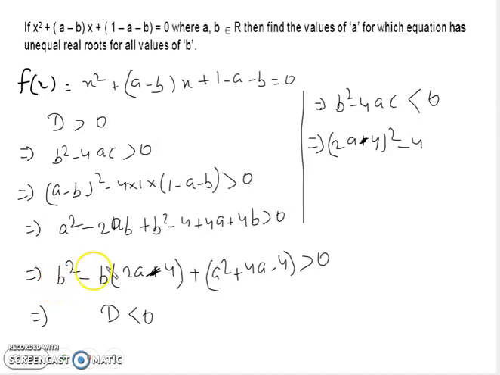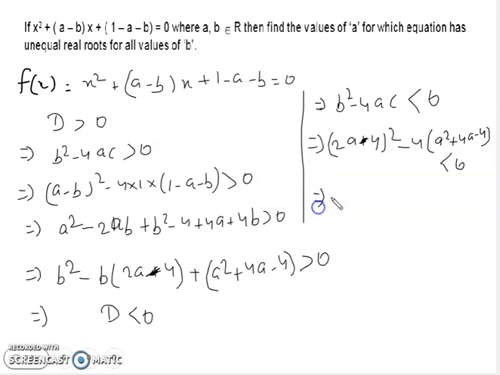The value of a is 1, and 4 into 1 equals 4, so a square plus 4a minus 4 is also less than 0. Are you getting my points, guys?